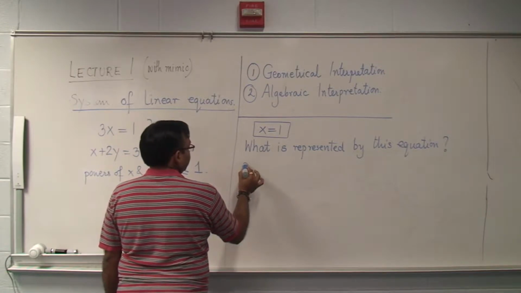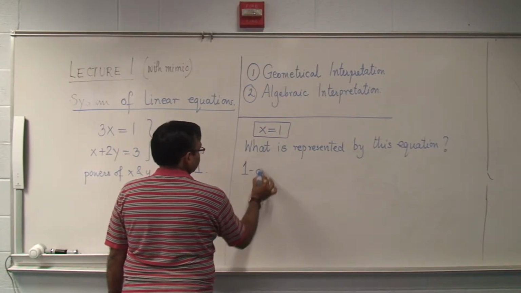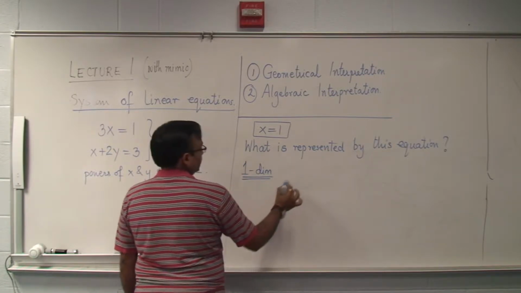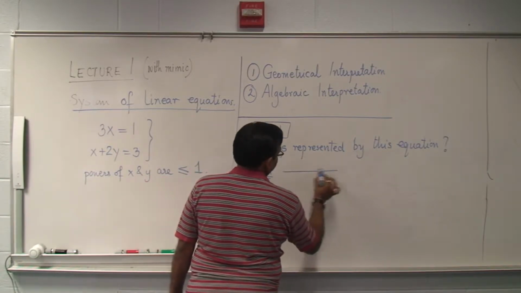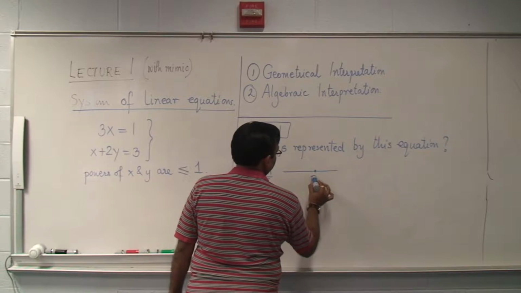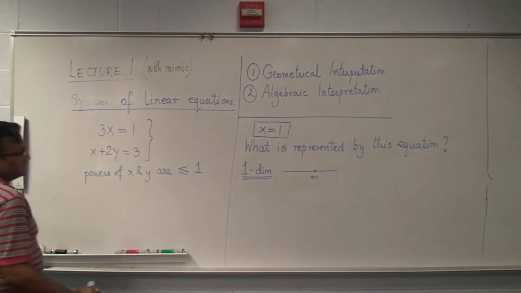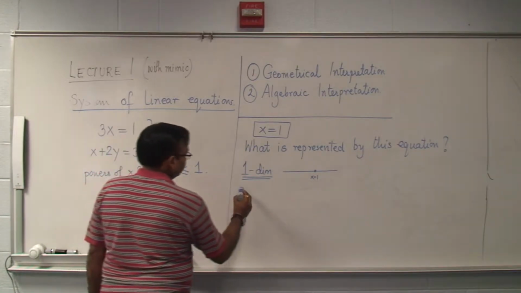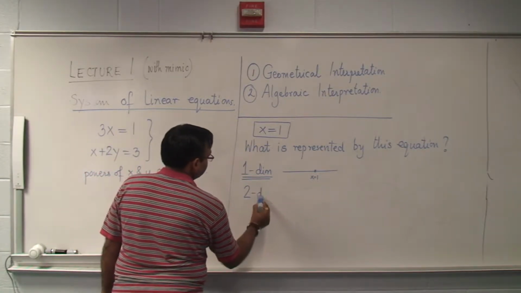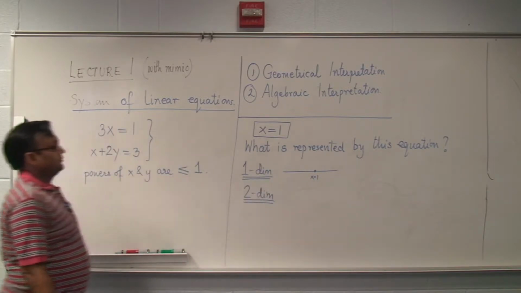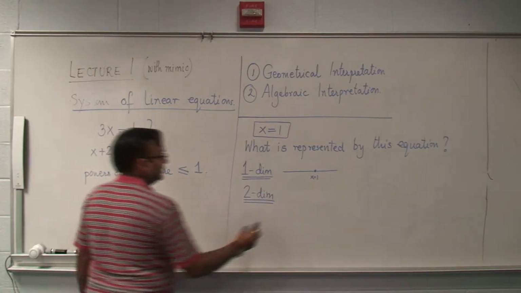This is where we have to be very careful. For example, if we are in a one-dimensional situation, then x is equal to 1 will represent a point which marks the position on the real axis of the point we call 1. If we are in 2 dimensions, the interpretation of the same equation will be slightly different.